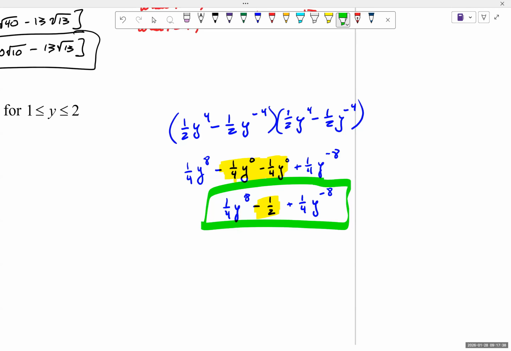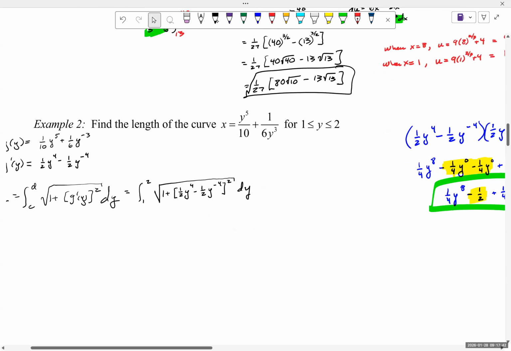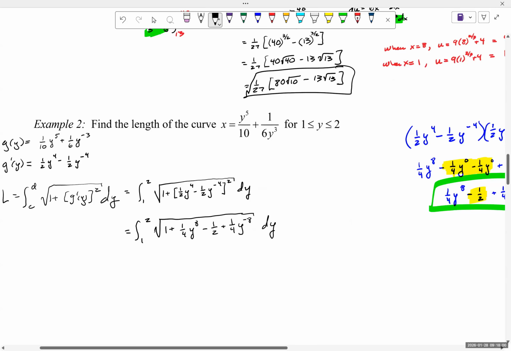Okay. Now, what's going to happen? Actually, before you tell me what's going to happen, let me write it in here in black. 1 to 2, we have the square root of 1 plus 1/4 y to the 8th minus a half plus 1/4 y to the negative 8 dy. Just a second, Cooper.